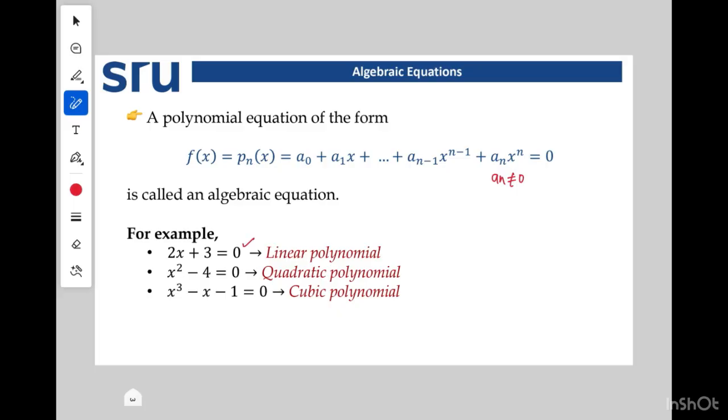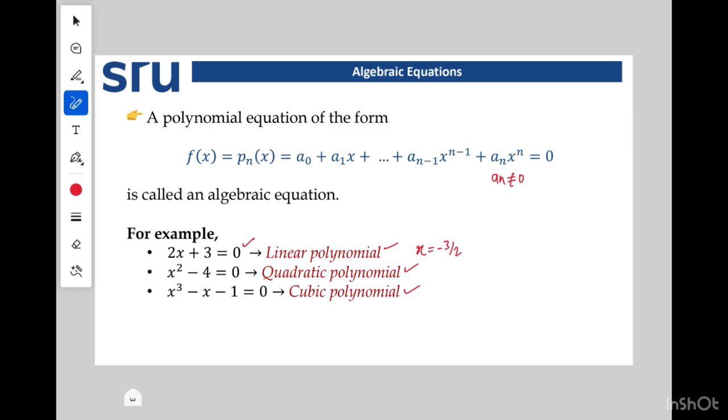Basically, this one is a linear polynomial, the second one is a quadratic polynomial, and the third one is a cubic polynomial. If we have a linear, quadratic or cubic polynomial, then we can solve them using exact formulas. For a linear polynomial we can directly calculate the value of x, which is minus 3 by 2.